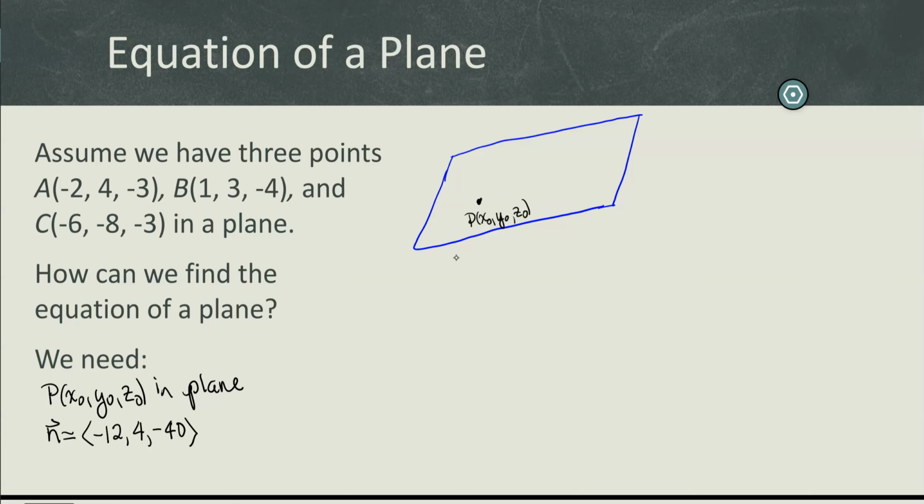P is not the only point in the plane. There are infinitely many points, uncountably many. So let's just pick an arbitrary point.